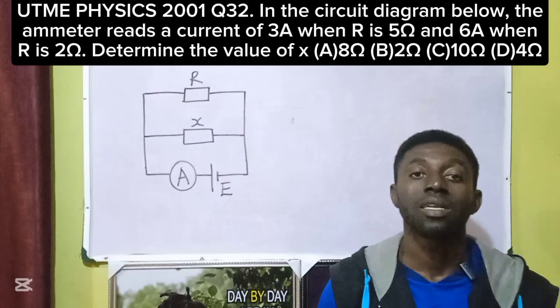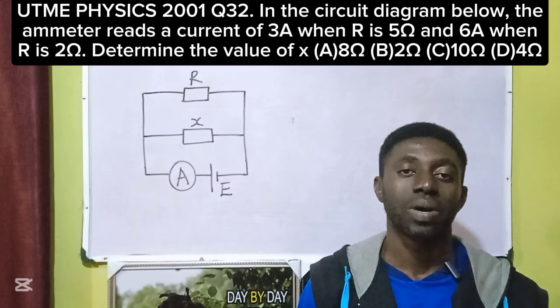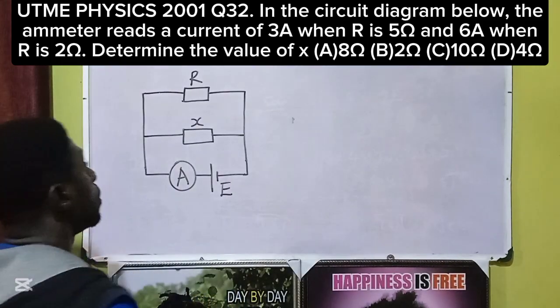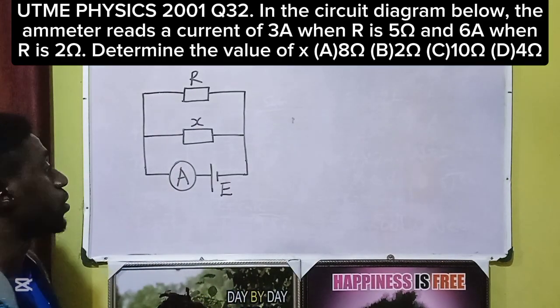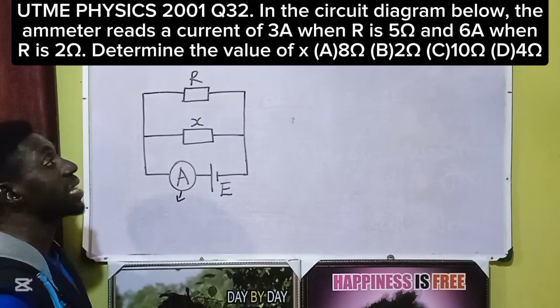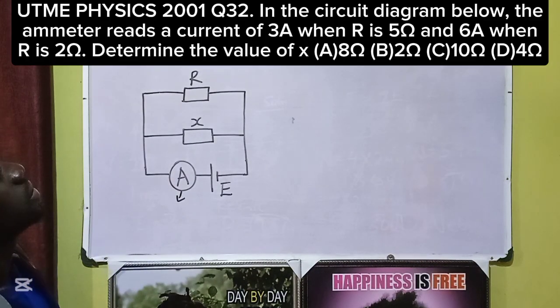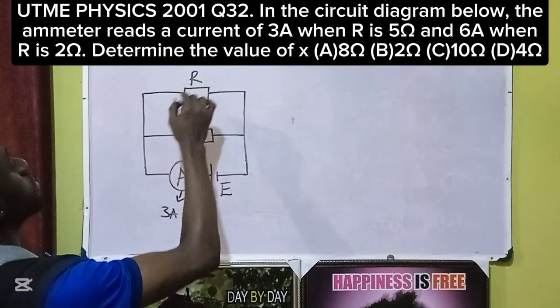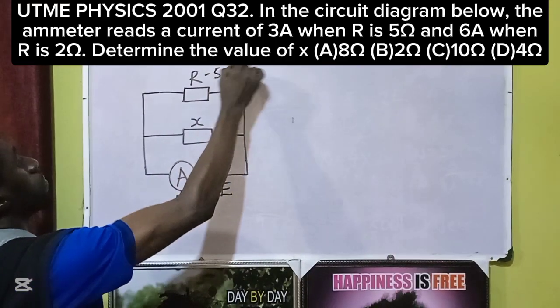Our question is centered on the electric circuit diagram. Looking at the diagram on the board, the question is saying that anytime the ammeter reads 3 amps, R is 5 ohms.